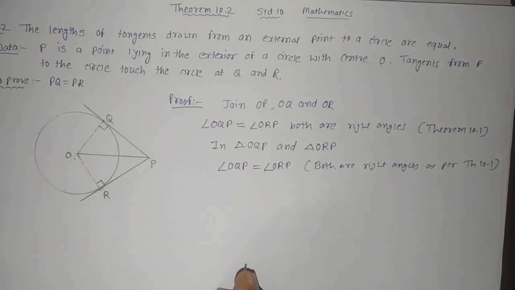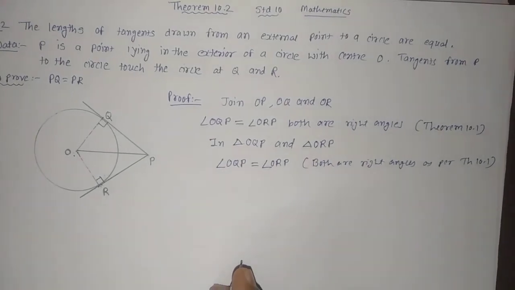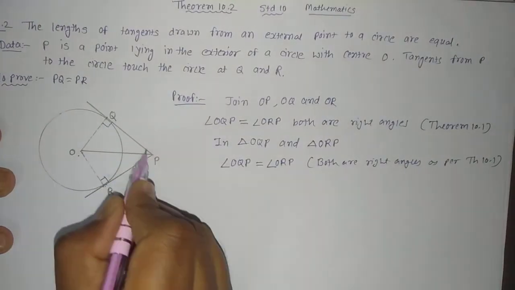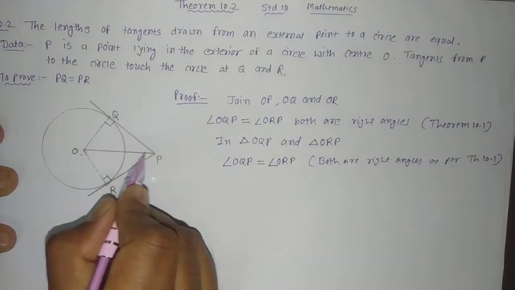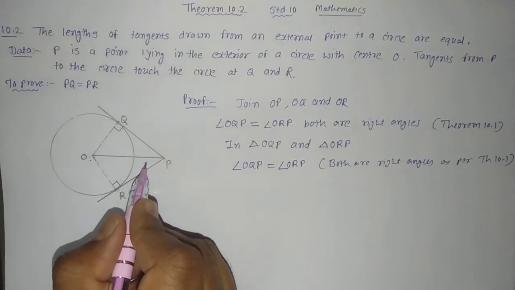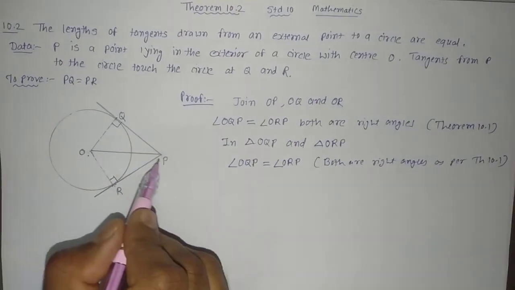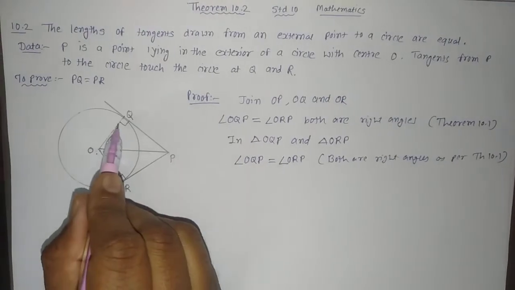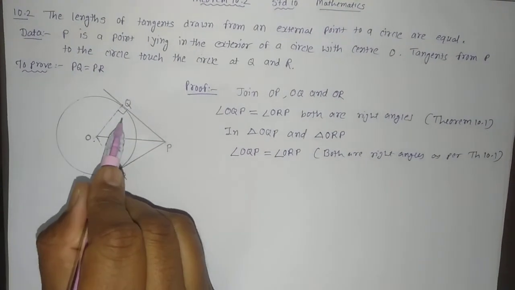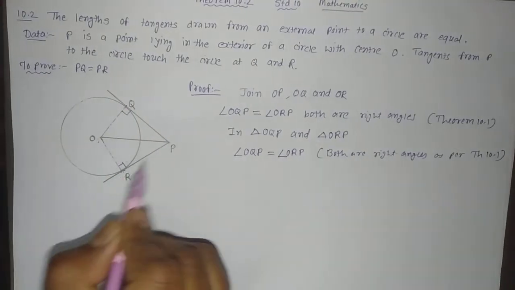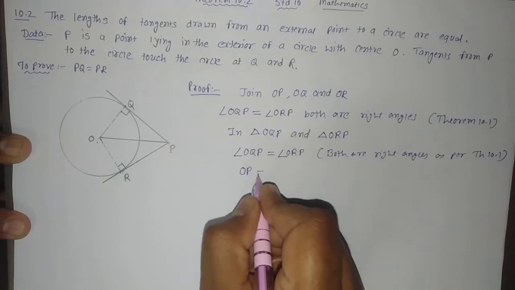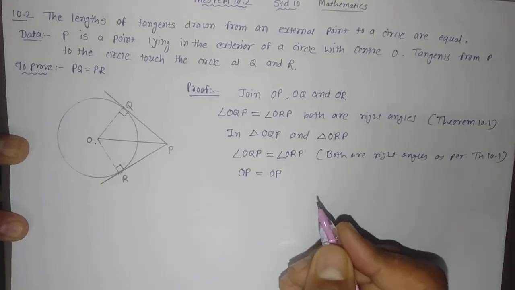Now another thing that you can see: for this triangle, OP is the hypotenuse, and for this triangle also OP is the hypotenuse. You know what a hypotenuse is? The side opposite to the right angle is called the hypotenuse. So here side OP is the hypotenuse for this triangle as well as for this triangle. So I can say that OP is equal to OP. Why?